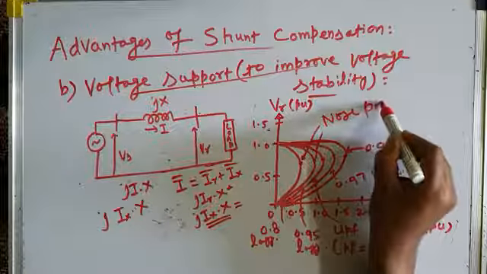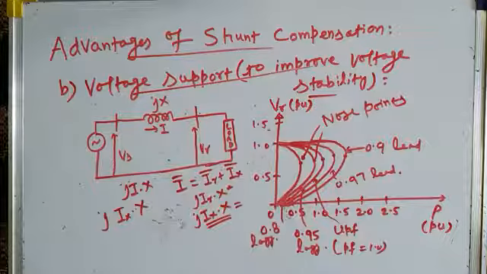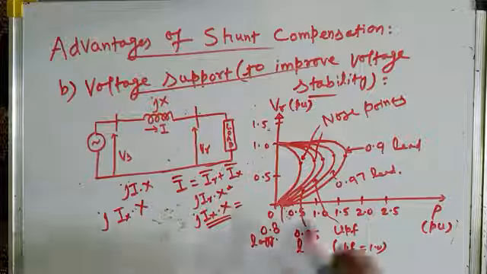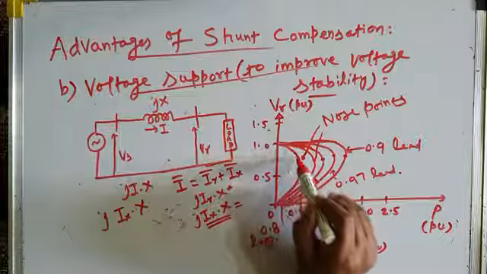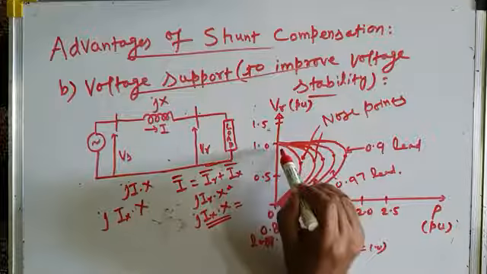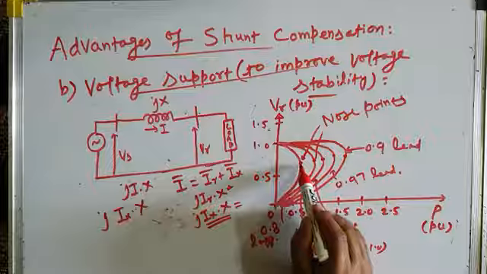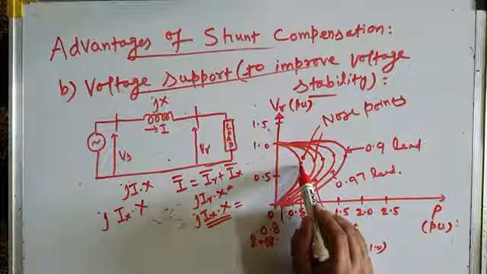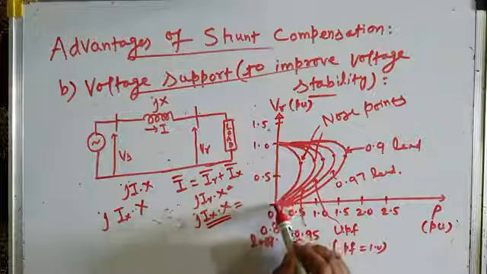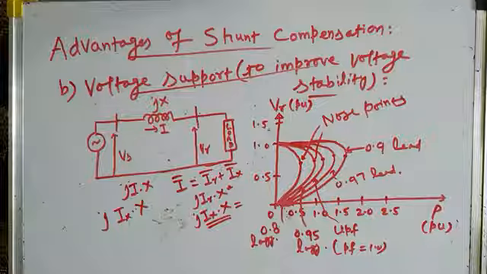Nose points are those points beyond which your system becomes unstable, or beyond which your system is subject to voltage instability, because you can see up to the nose point, no doubt, for example for 0.8 power factor lagging, as the power increases, there is a steep drop in the voltage, but beyond the nose point your voltage collapses and finally it becomes equal to zero. So nose points on each curve basically represent voltage instability.